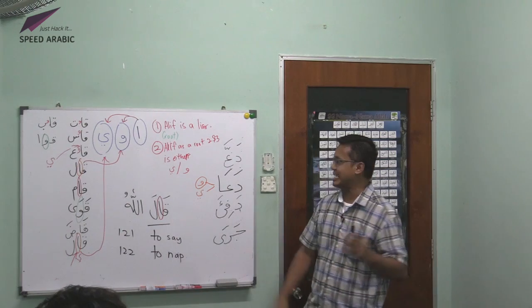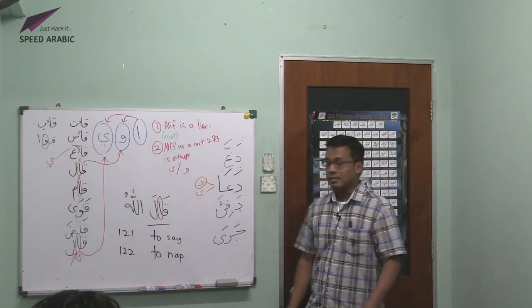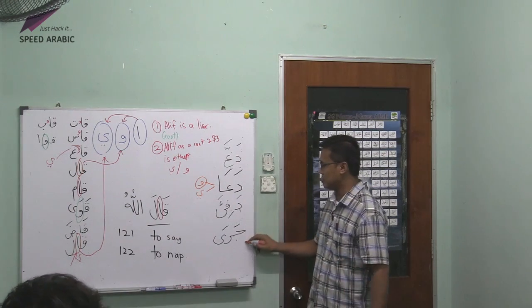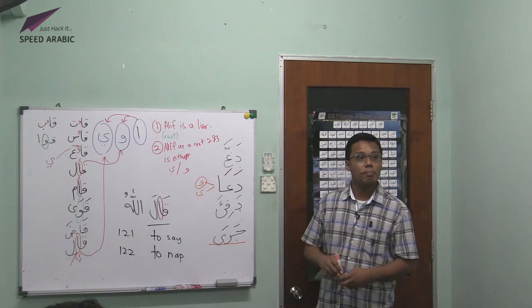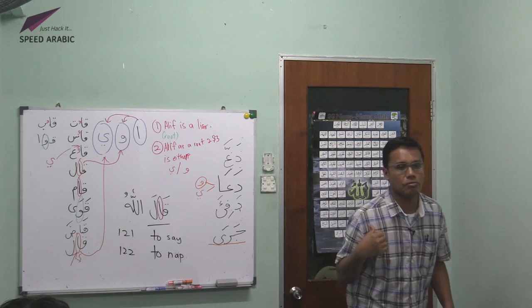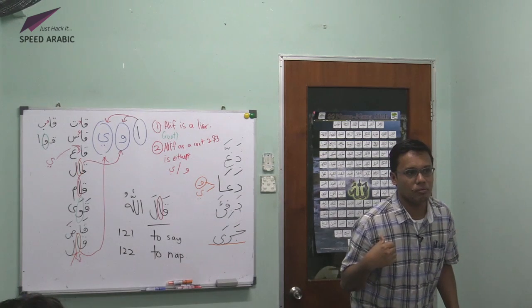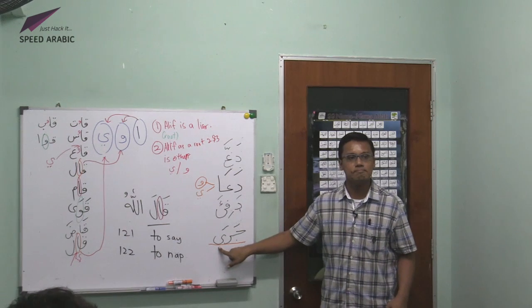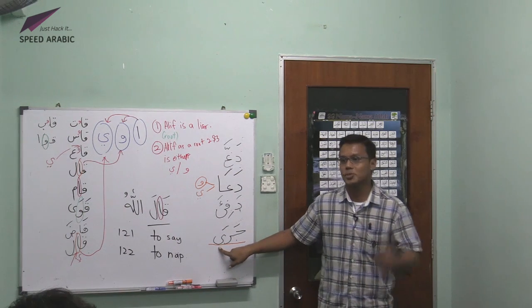Just now we said an alif is a liar. Is there any liar in jara? Is there any alif in jara? What is this? No, this is not a ya.